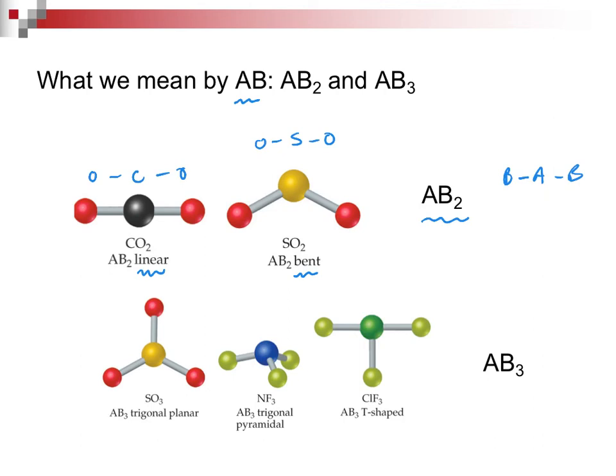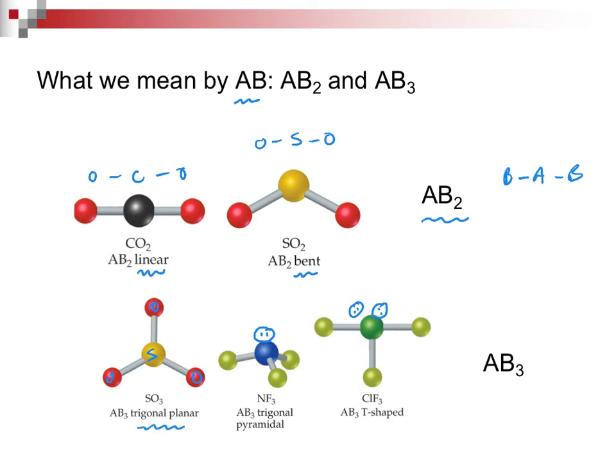Same if we have AB3. Now this one gets a little bit trickier. I'm not even going to draw it out. But as you can see, sulfur, oxygen, oxygen, oxygen, just like we had in the beginning. But all of a sudden, it takes a different shape, and that's because there's a lone pair of electrons, as well as here, there are two lone pairs of electrons. And we're going to teach that in this course.